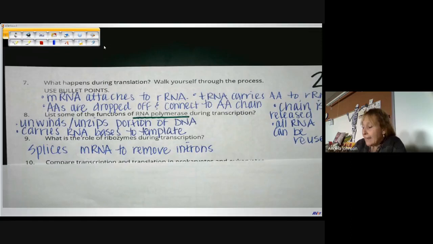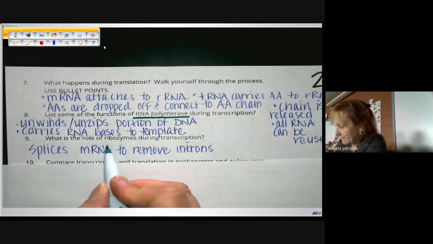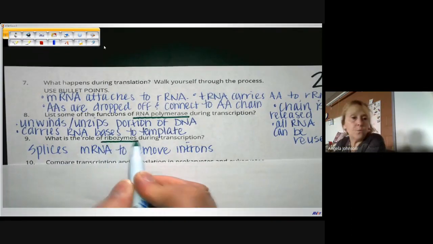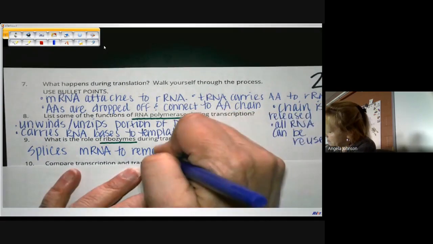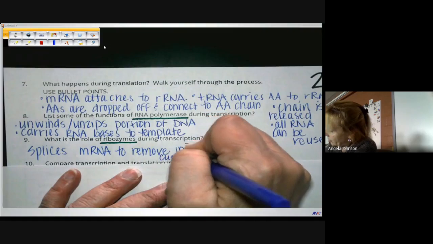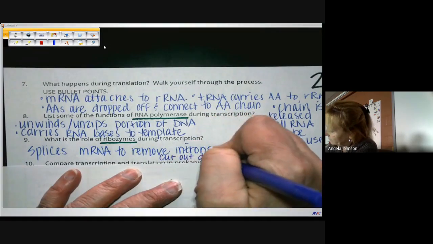Ribozymes are also enzymes. These are ribosome particles that act as an enzyme. Their specific job is during modification. They will remove, they actually cut out the introns, so cut out during modification.